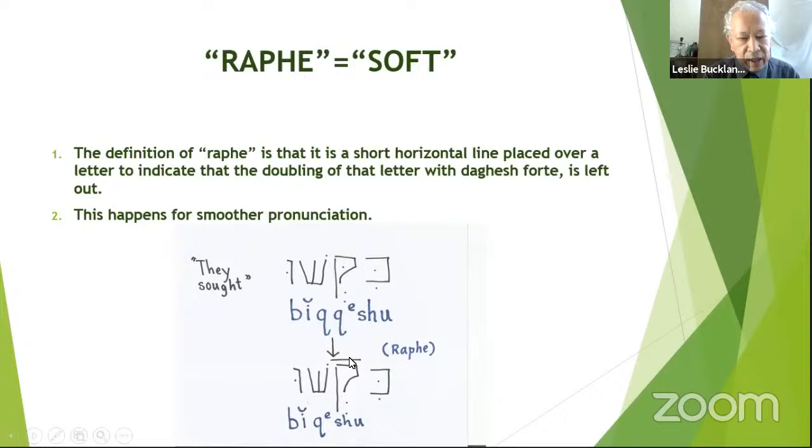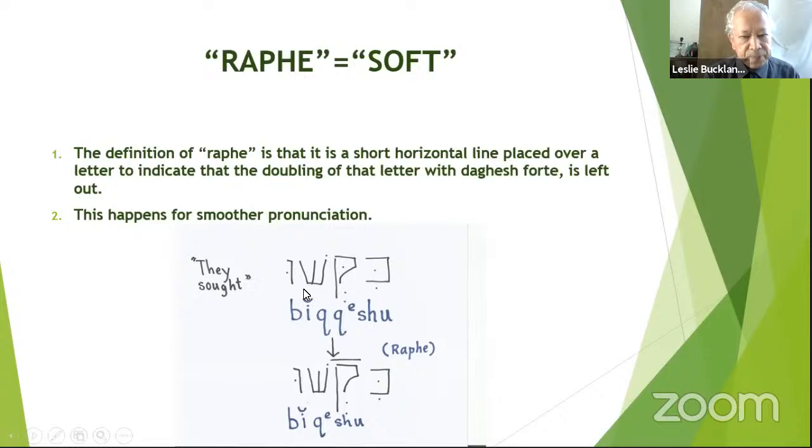And the absence of the dagesh forte is indicated by this horizontal line over the consonant that had dagesh forte in it before. Now, why is this so? Why does this happen? This happens for smoother pronunciation.